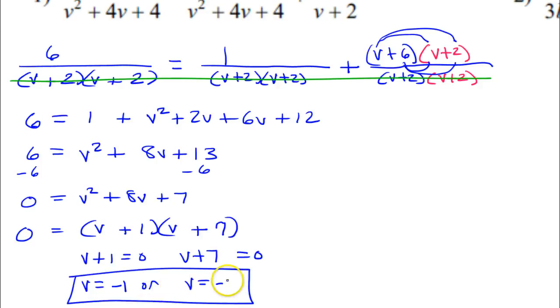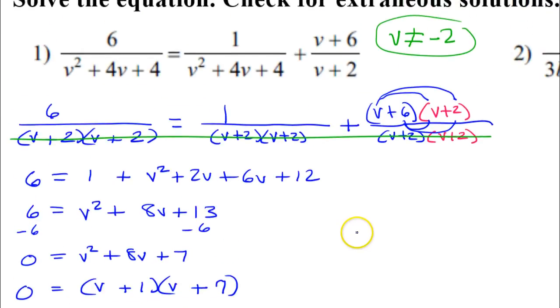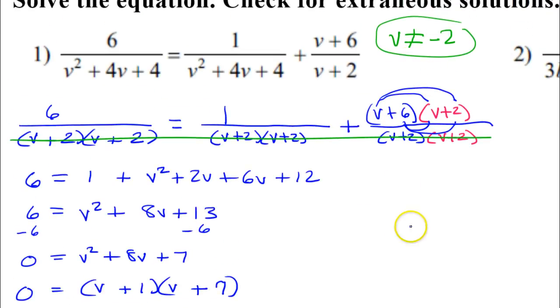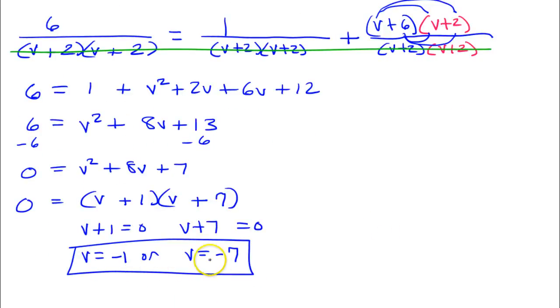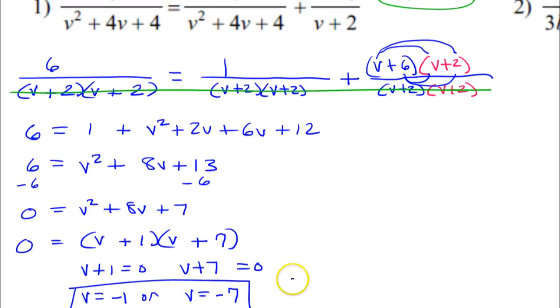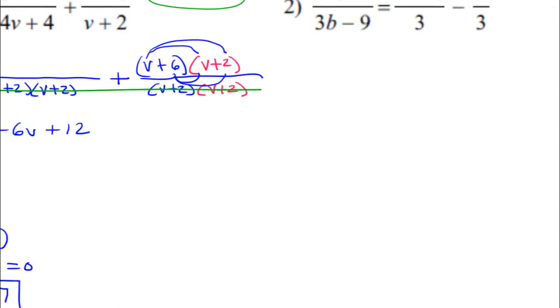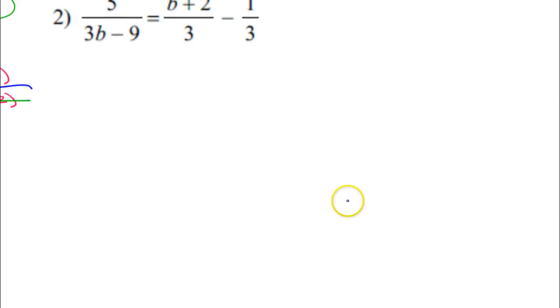Whoops, negative 7, man. Now let's just make sure that neither of these are excluded. Extraneous. V cannot equal negative 2. Neither of these are negative 2, so we're good. That's the solution. I'm going to keep going. Let's do another example.